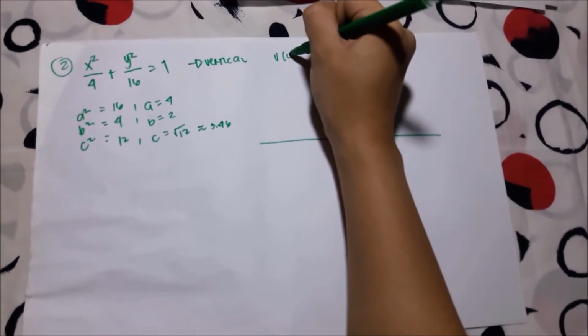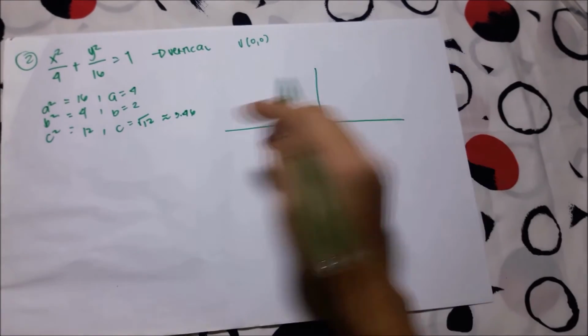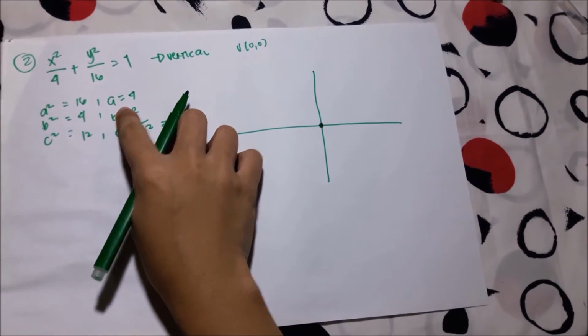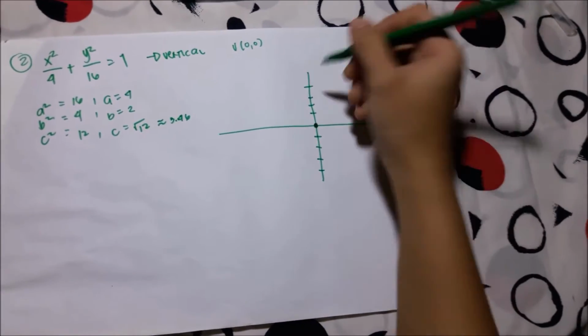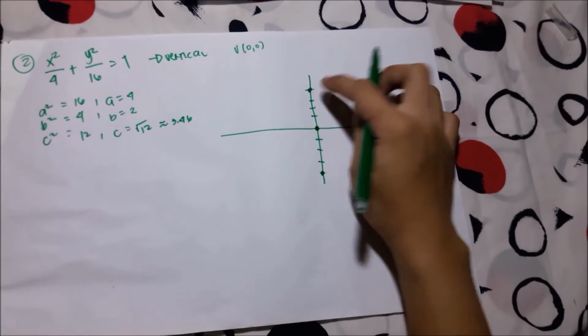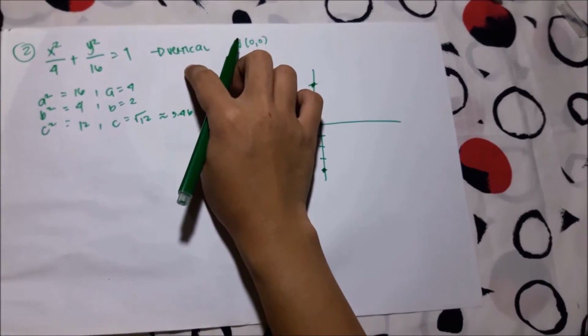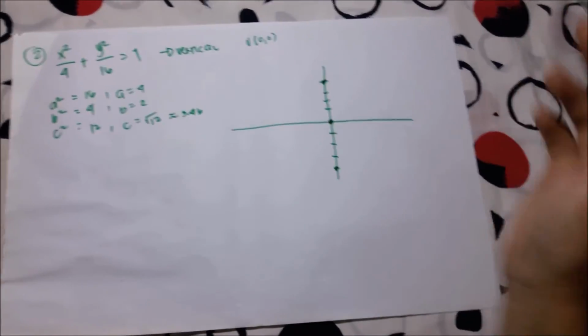So let's draw the graph. So again, its center is 0, 0. So here's the point. So your a is 4, so it's going to be here. Show the point. So the A looks like this because it's vertical compared to the previous one, that is the horizontal.